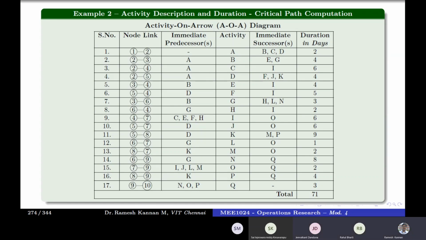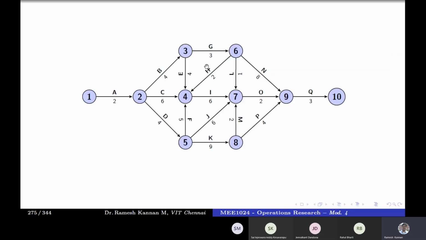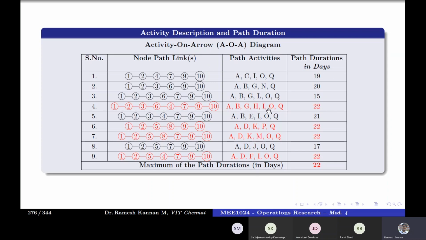Yes, sir. So the answer is yes. We can have multiple critical paths. So example 2 is of that nature. In this case, we have 4 paths that have the same duration, 22, 22, 22, 22. And also if you calculate the subcritical paths, you see 21 and 20 are there, 21, 20, 19.